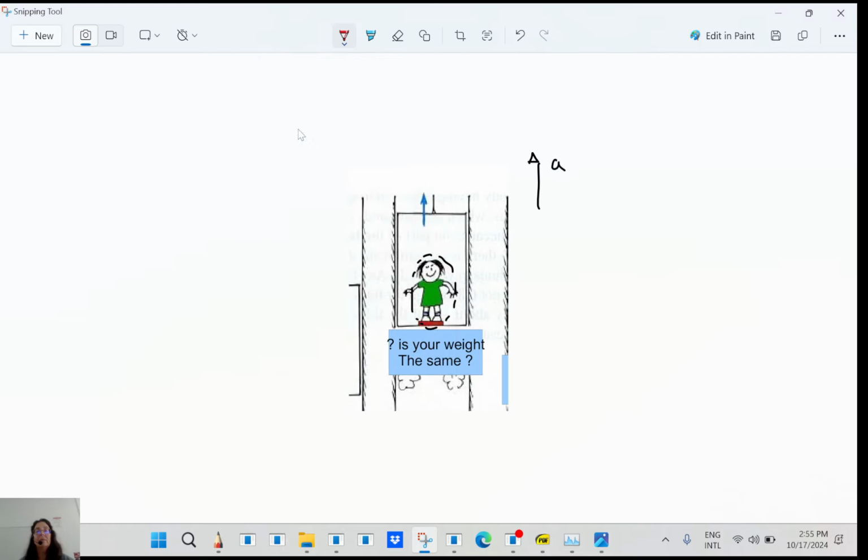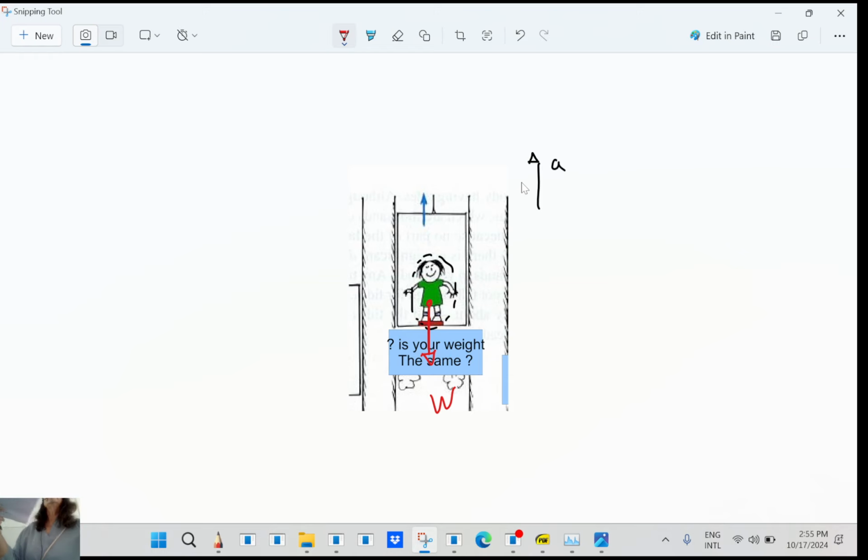I need a winner up. So that means she has the weight down. And what is up? What is pushing on her up? Normal force. But the normal force has to provide the acceleration, right?